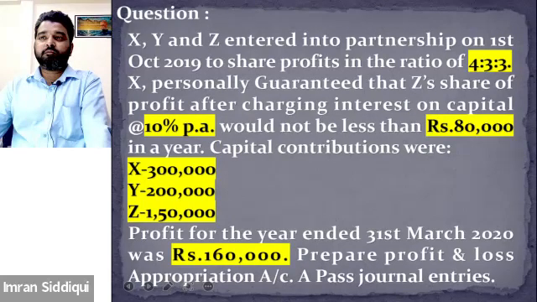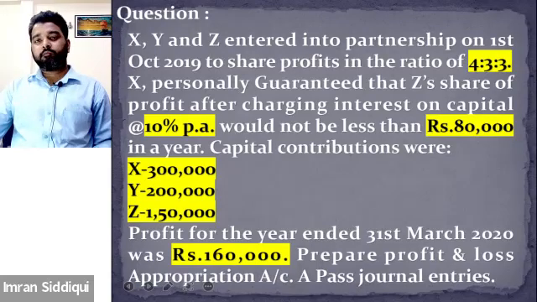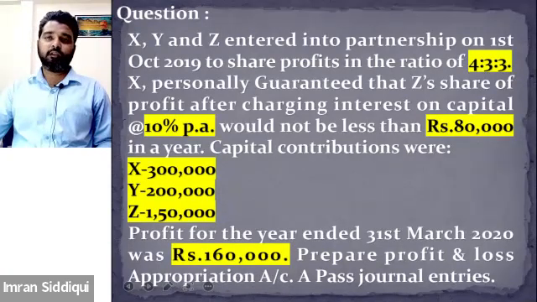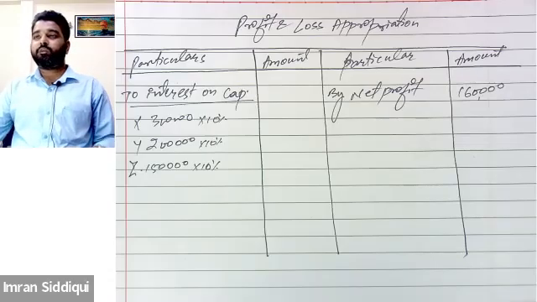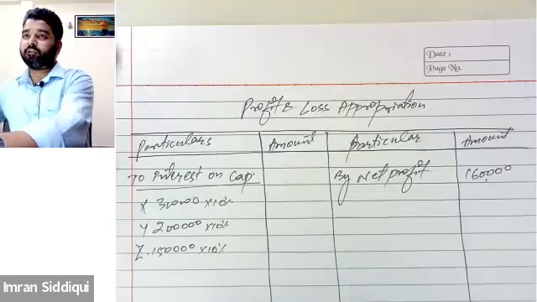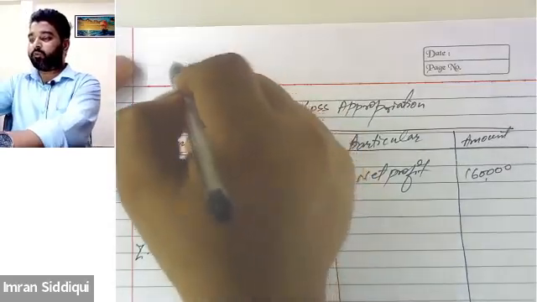The financial year starts from April and ends on 31st of March of the next year. So if the partnership started on 1st of October, then only 6 months are there for which they are entitled to claim interest.